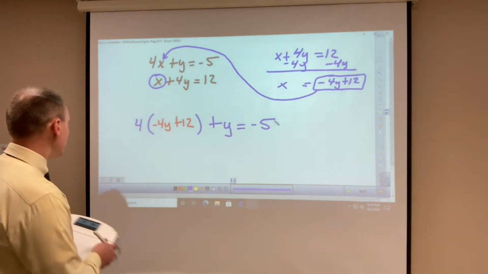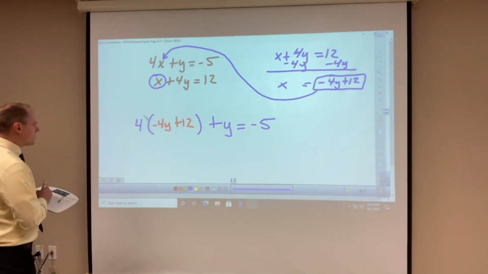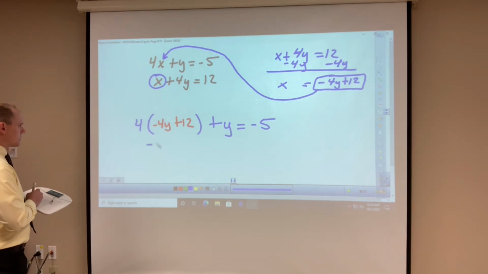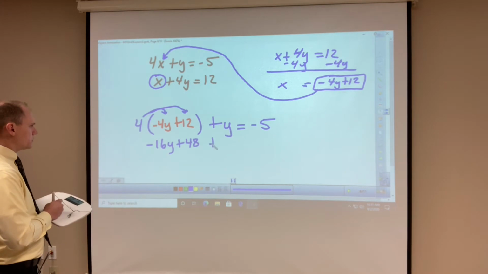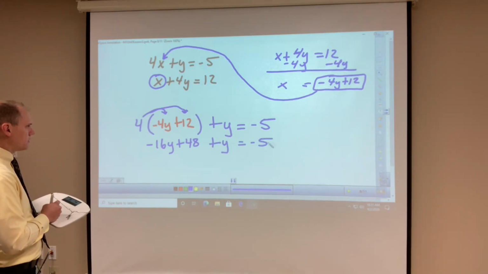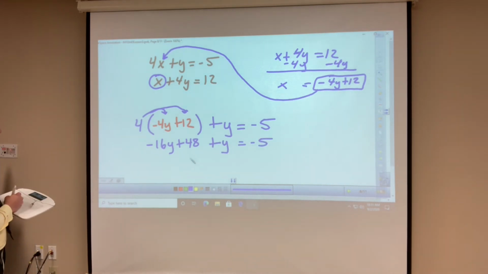All right, so let's go ahead and distribute the 4 out. So it's going to be negative 16y, and then 4 times 12 is 48, plus y equals negative 5. So we're going to solve for y now.